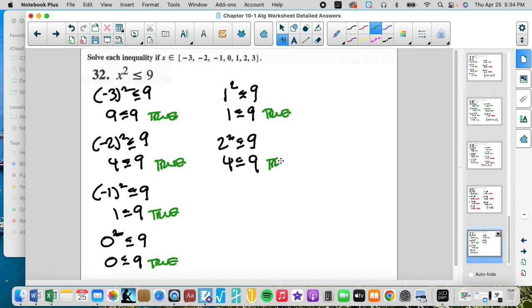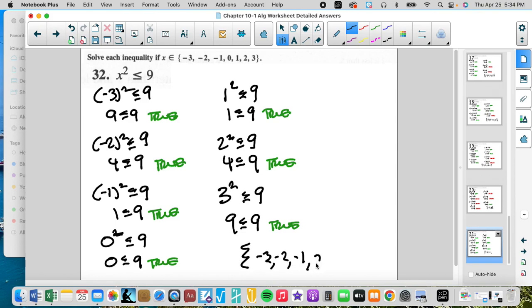That's true. And the last problem, I did 3 cubed, sorry. 3 squared is 9 less than or equal to 9, and that is true also. So all of the numbers are solutions: negative 3, negative 2, negative 1, 0, 1, 2, and 3.